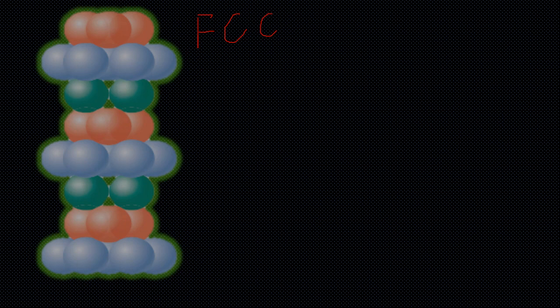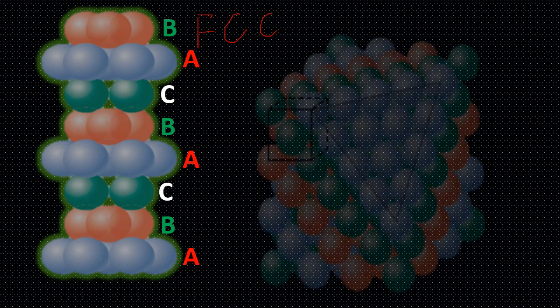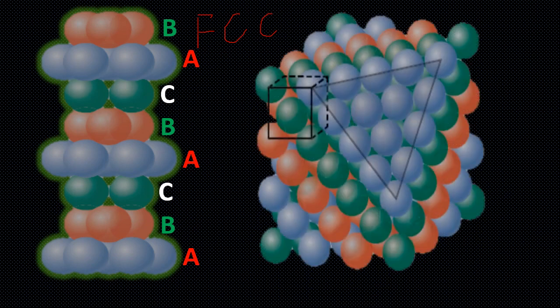It has the plane B of atoms and then A, then C. So its stacking sequence is BAC, and this stacking sequence is repeated throughout the structure like B, A, C, again B, A, and C. Here you can see the aggregate of different unit cells, and the atoms are in the form of hard spheres.